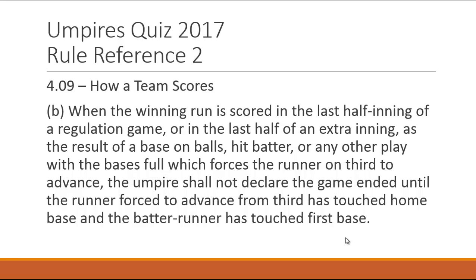When the winning run is scored in the last half inning of a regulation game or the last half of an extra inning game as the result of a base on balls or a hit batter, which forces the runner on third to advance, the umpire shall not declare the game ended until the runner forced to advance from third has touched home base and the batter runner touched first. So, the batter runner did touch first. Runner on third did touch home. They've left the field.